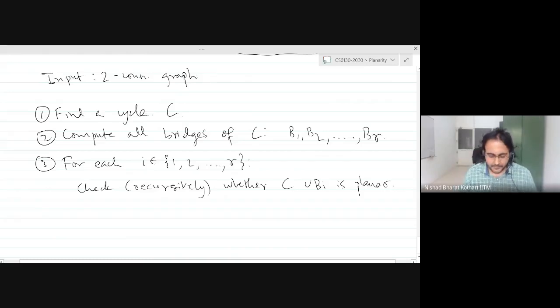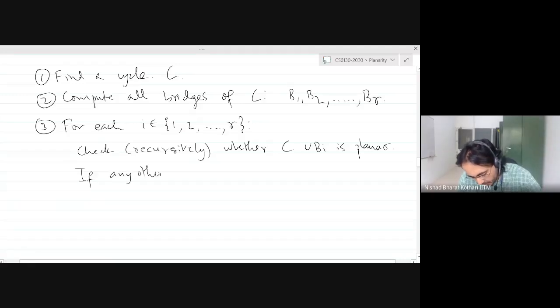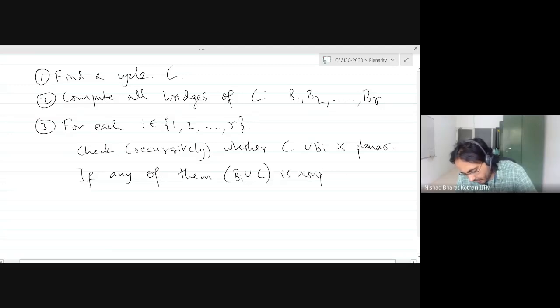Well, if any of them is non-planar, then the whole graph is non-planar. Does everybody agree? If any of them, so what I mean is C union Bi is non-planar, then G itself is non-planar.